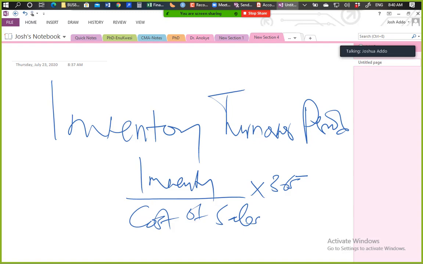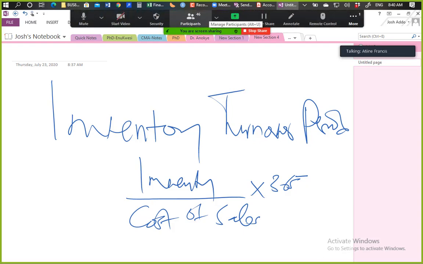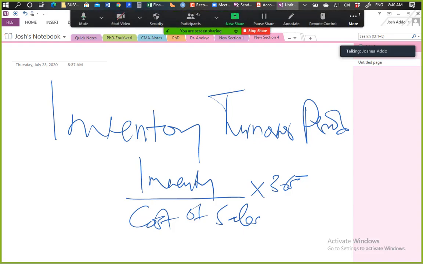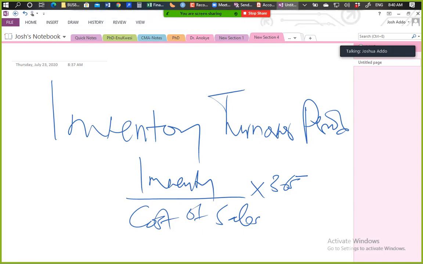Sir, some books put average inventory over cost of sales times the number of days. I don't know whether it's correct. In some books, you will find them using the average of the beginning inventory and the closing inventory, trying to find some midpoint between the two.